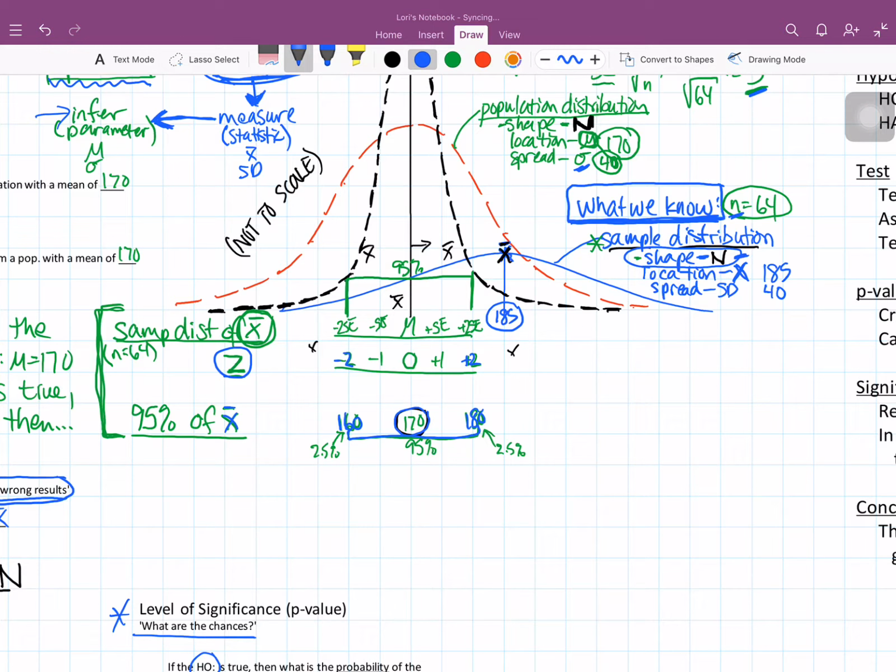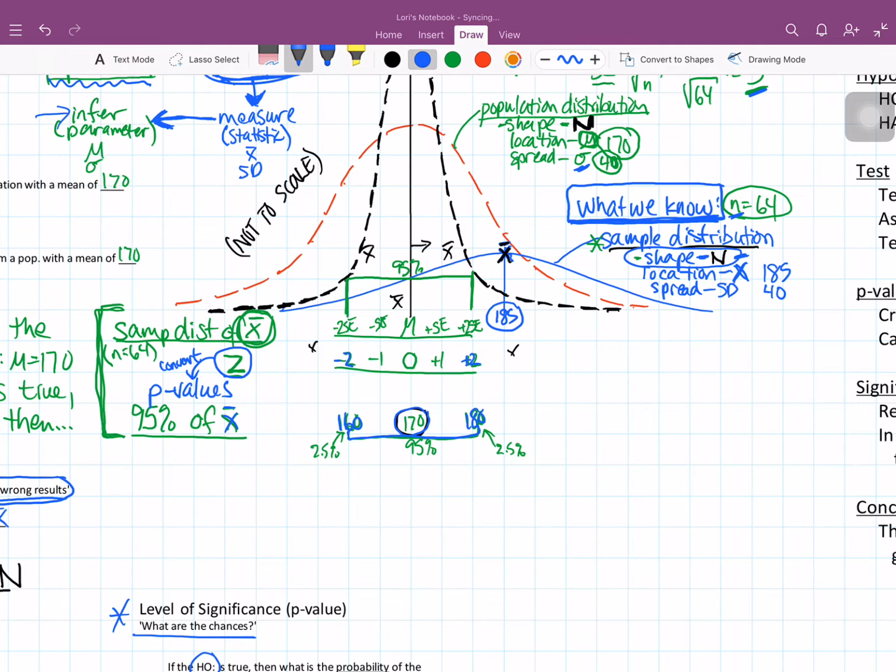Now, those two z-values of +2 and -2 can then be converted to p-values. And so those z-values are specific to this particular question, and those p-values that correspond to that particular z-value are also specific to this question.